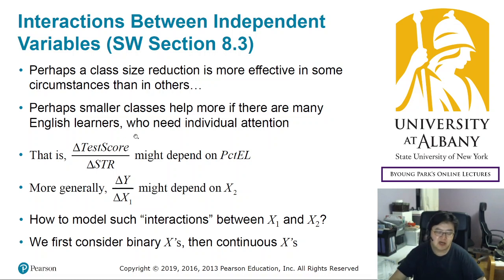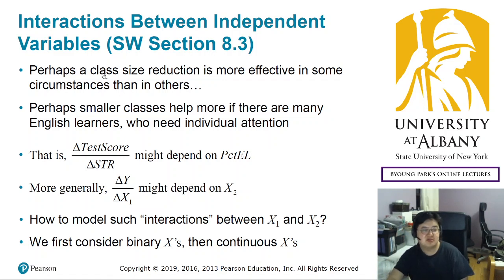For example, let's think about the class size, student to teacher ratio effect on the test score. So student to teacher ratio affects the test score, but at the same time we considered percentage of English learners. And then we may imagine that being in a small class would be more effective for some students who need special cares like English learners, right?